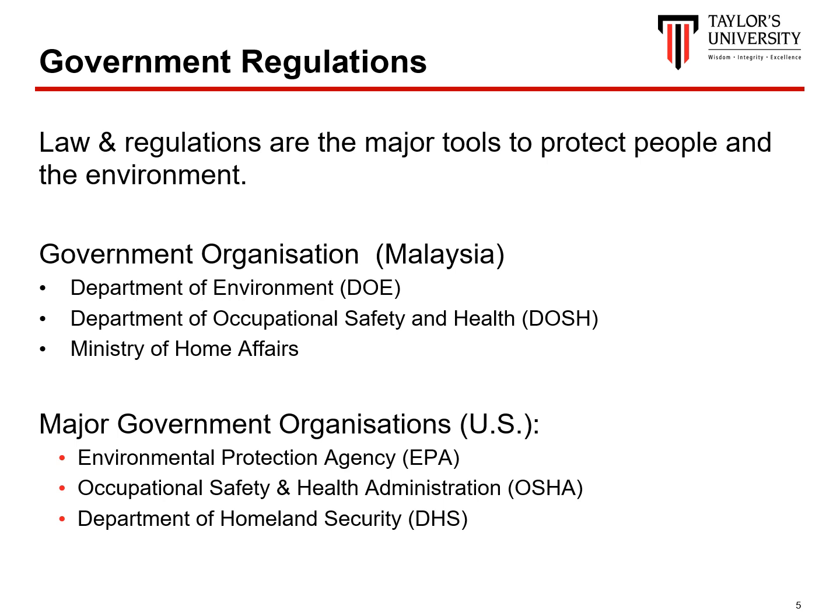The reason I'm introducing the US government's organizations here is because a lot of our acts and laws, or the safety acts in Malaysia, are based off what the US has.